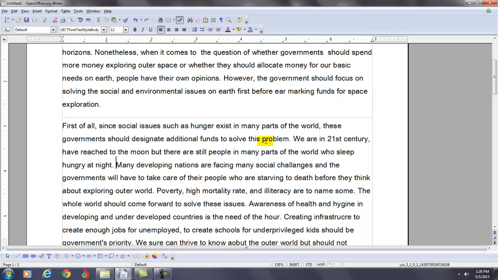So we are in the 21st century. I'd probably say here, and have reached the moon. But there are still people in many parts of the world who sleep hungry at night.